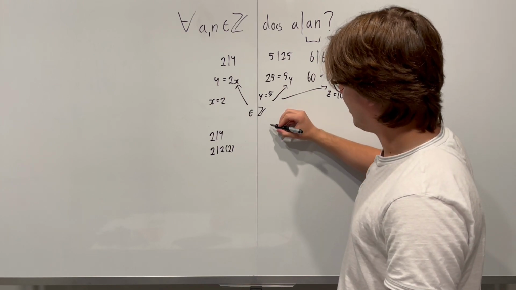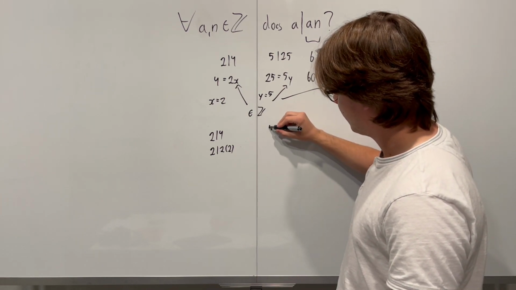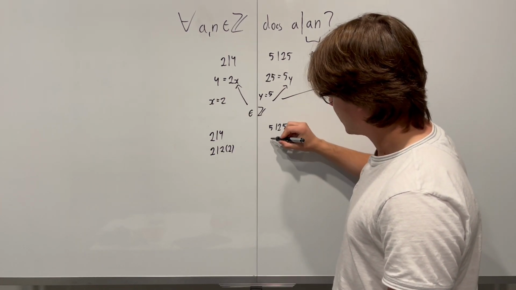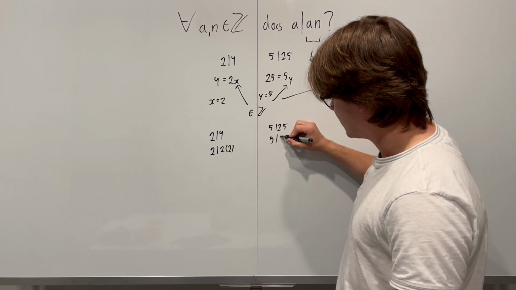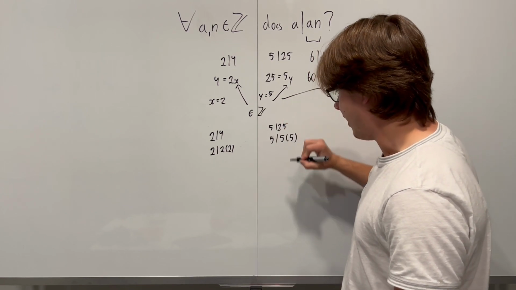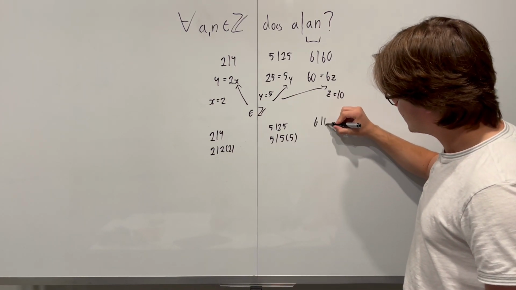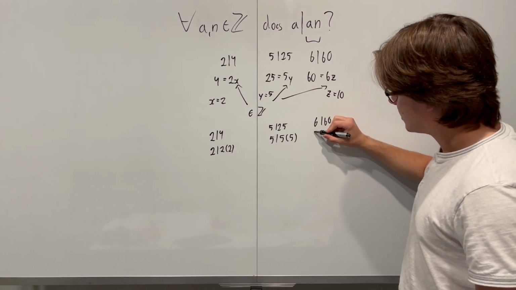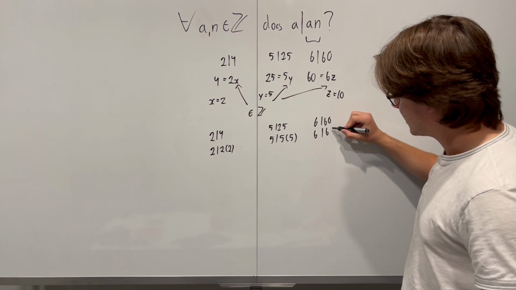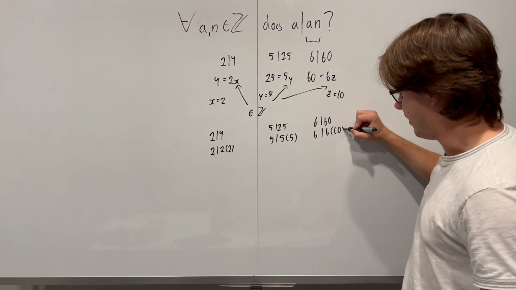Here, when we say, does 5 divide 25, we're asking, does 5 divide 5 times 5? Here, when we're asking, does 6 divide 60, we're asking, does 6 divide 6 times 10?